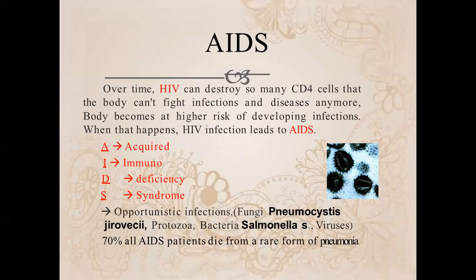Weakening the immune system leads to a weaker immunity, which becomes a high risk for developing more infections, not only of this disease but from other microorganisms too. So AIDS stands for acquired immuno deficiency syndrome, where opportunistic infections like fungi, bacteria, protozoa or other viruses occur. 70% of all AIDS patients die from a rare form of pneumonia.